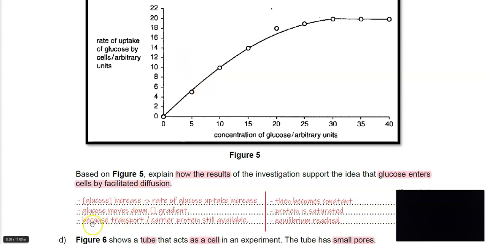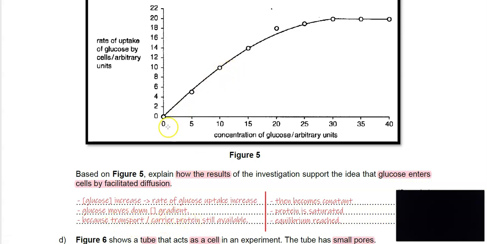So glucose moves down the concentration gradient from high to low, from outside the cell into the cell. As you can see, the rate keeps on increasing because the transport protein or carrier protein is still available.